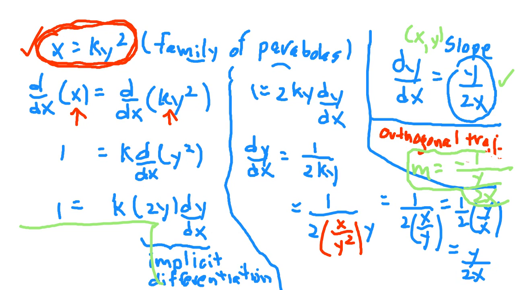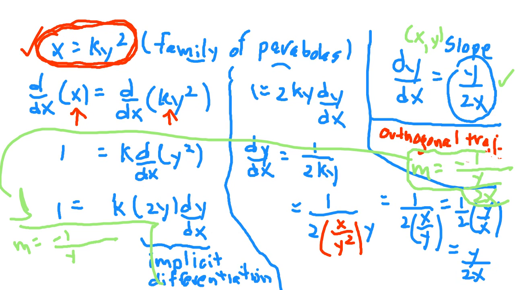If I just bring an arrow here, if the slope is negative 1 divided by y divided by 2x, that's just going to equal negative 2x divided by y. Negative 2x divided by y. And that's what they're saying in the book.